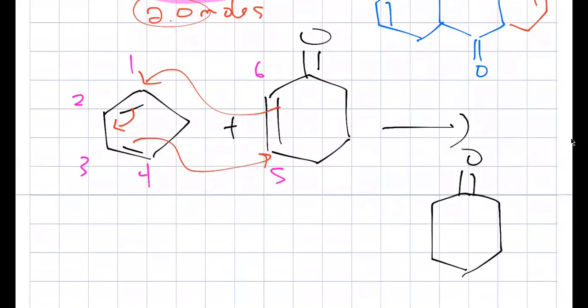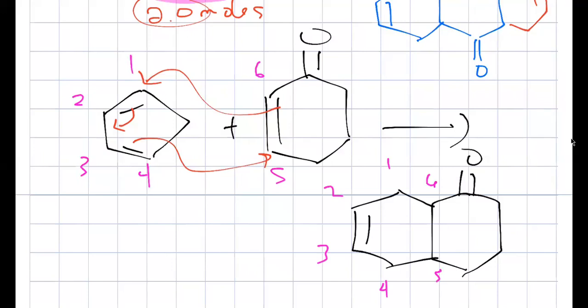We also know that we got a 6-member ring that we just made from that cycloaddition. So let's draw that in. Boom, here. Yes or no? Yes. And then let's put the numbers back in. 1, 2, 3, 4, 5, 6.